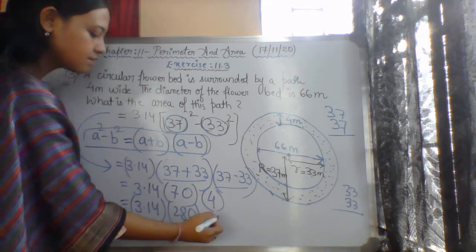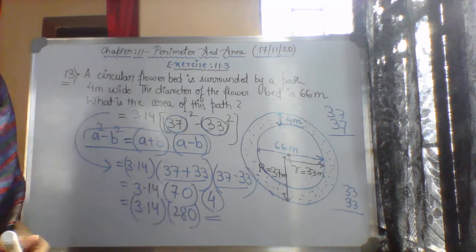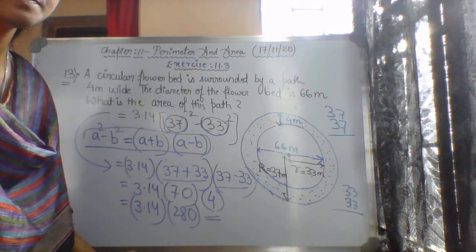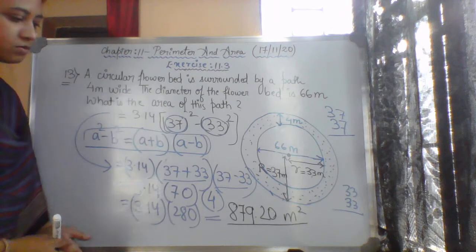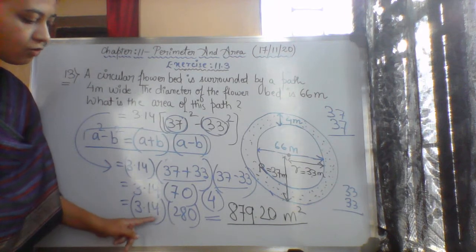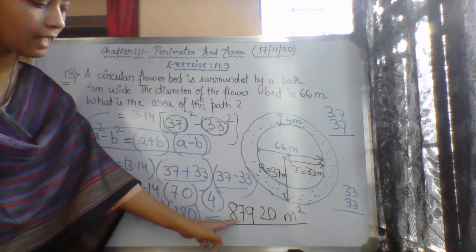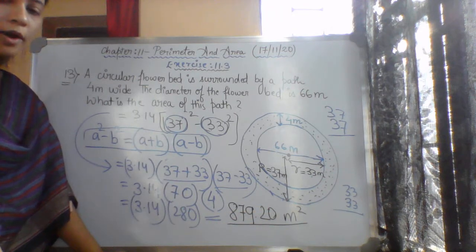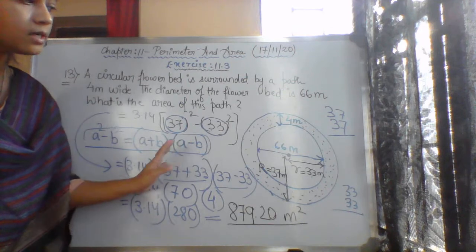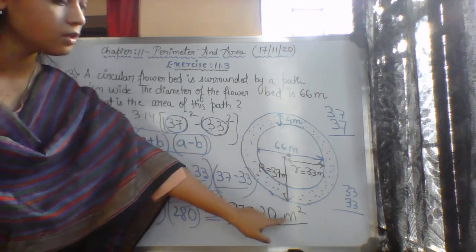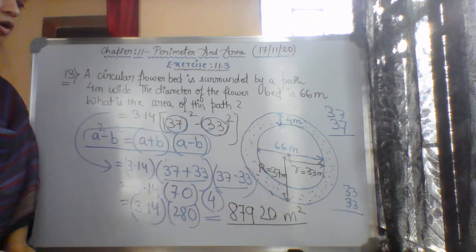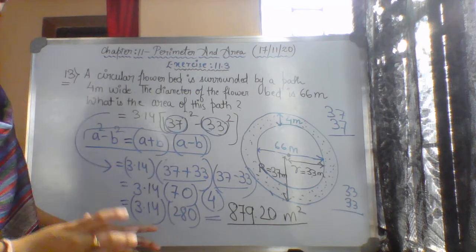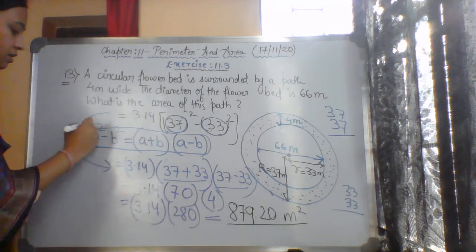So now you can easily do this multiplication. Just cross check your answer: 3.14 multiplied by 280 is 879.20. All radii are in meter, so it is meter square. Okay, once you check. So this sum can be done using this property.